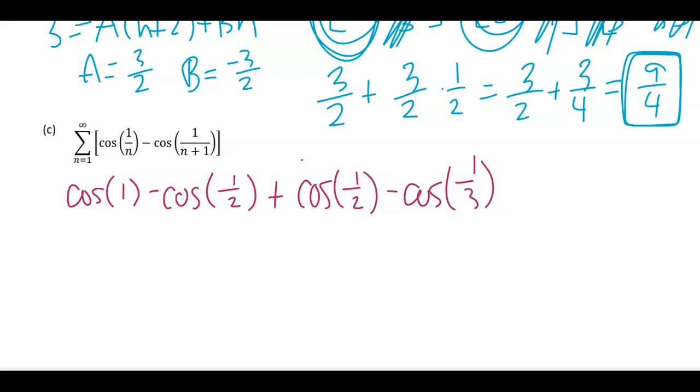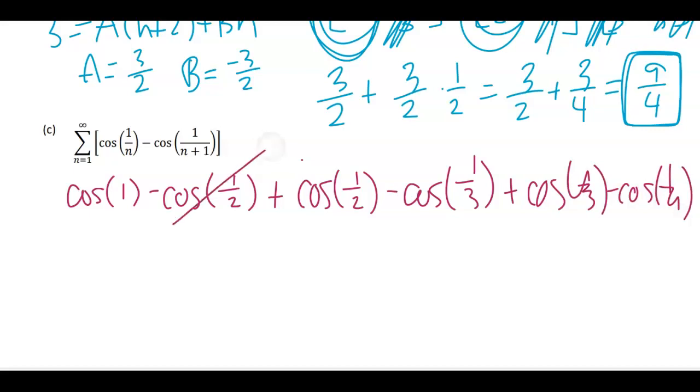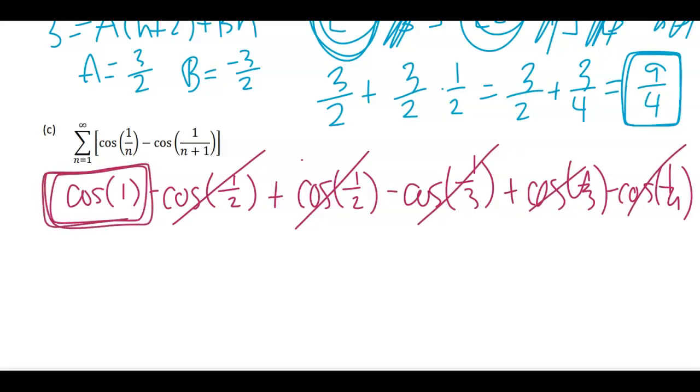And these would all be in radians. Okay, plus, when I plug in 3, cosine of 1/3 minus cosine of 1/4. Those cancel, those cancel. This is going to end up canceling all the way down into the end because it never ends. And so this sum is the cosine of 1 radian.